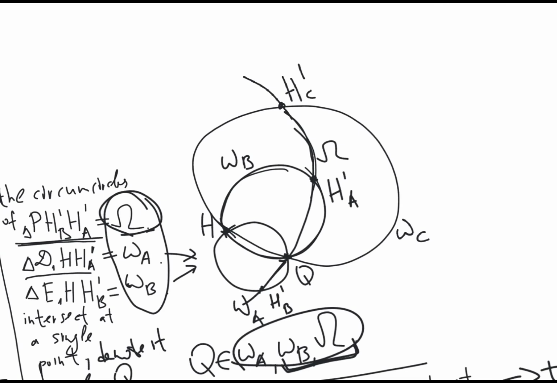the circles omega A, omega B and omega C have the same two points of intersection. So all three circles contain the points H and Q, both of these points lie on all three of these circles.